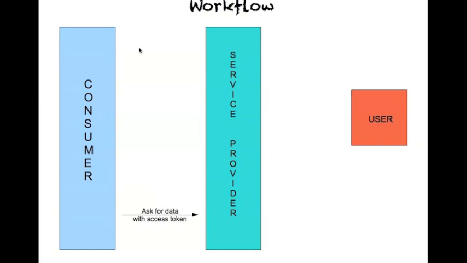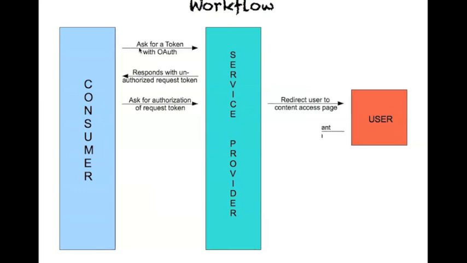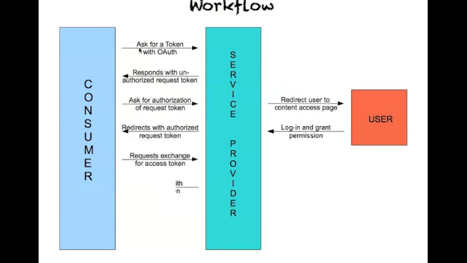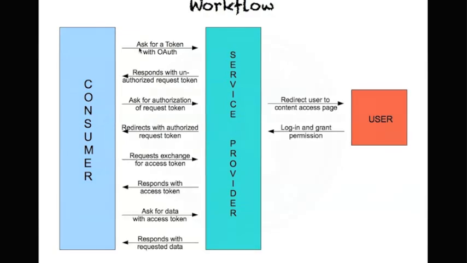So this request contains the type of data that the consumer wants and the value of the access token. The service provider will then process this and provide the consumer with the data that it requested. So this is the typical workflow of a consumer accessing data from a service provider via OAuth.